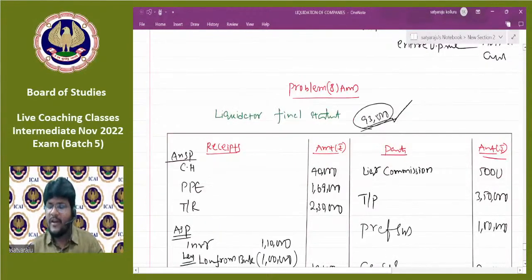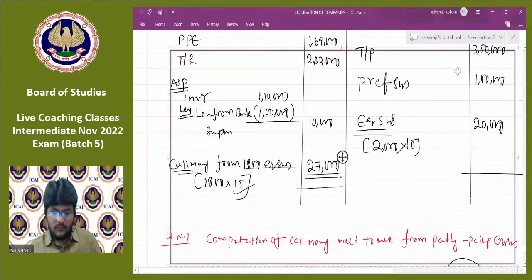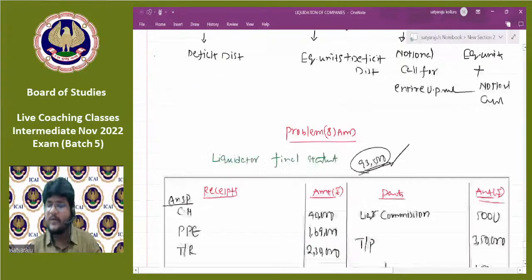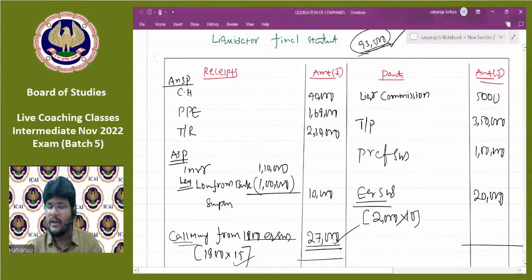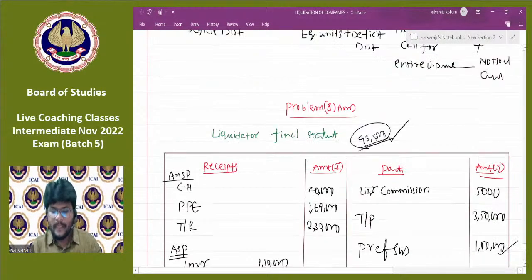After this call, cash available with the liquidator was 27,000 plus 93,000, which means 1,20,000. Out of this 1,20,000, you can make payment to preference shareholders of 1 lakh, and the remaining 20,000 you can distribute among the 2,000 equity shares at the rate of 10 rupees. Then automatically discharging all the parties is over. Hope you understand, guys, regarding problem number 8.